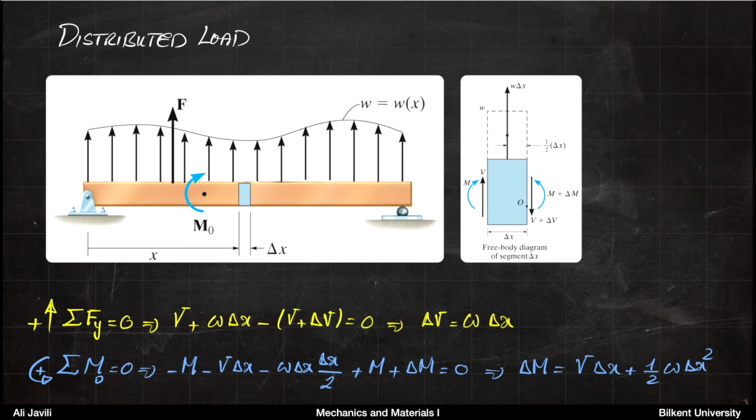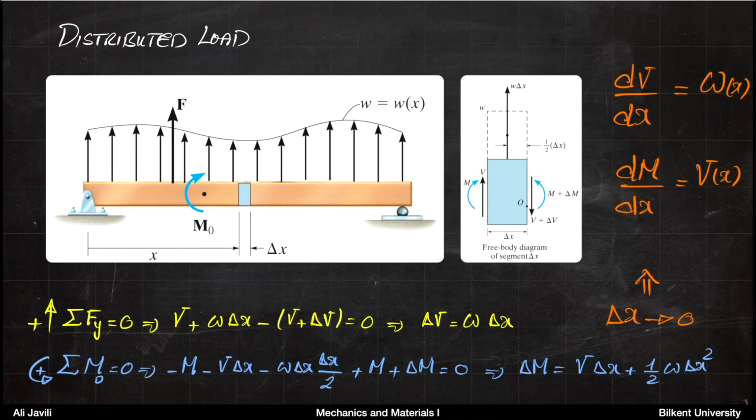So now that we have these incremental equations, what we want to do is to ask ourselves, what happens if delta x goes to 0? So if the incremental piece is very small, what happens then? Well, the first equation, delta V equals W delta x, becomes dV equals W dx.